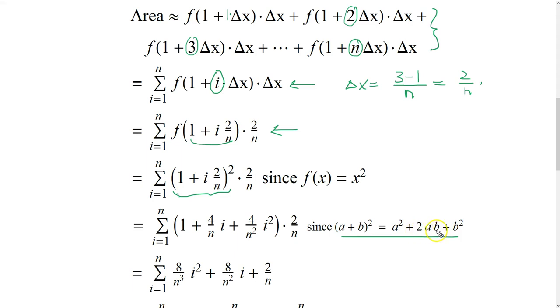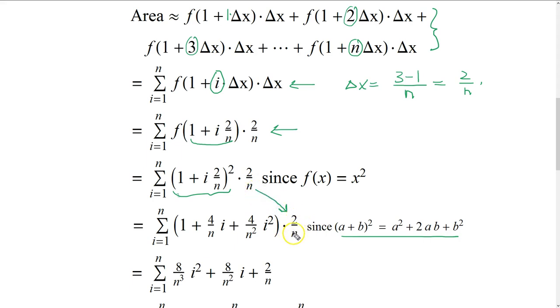So that's our 2ab, this quantity right here. And then i times 2 over n times i times 2 over n gives us 4 divided by n squared times i squared. And then we still have our 2 over n right here coming down.